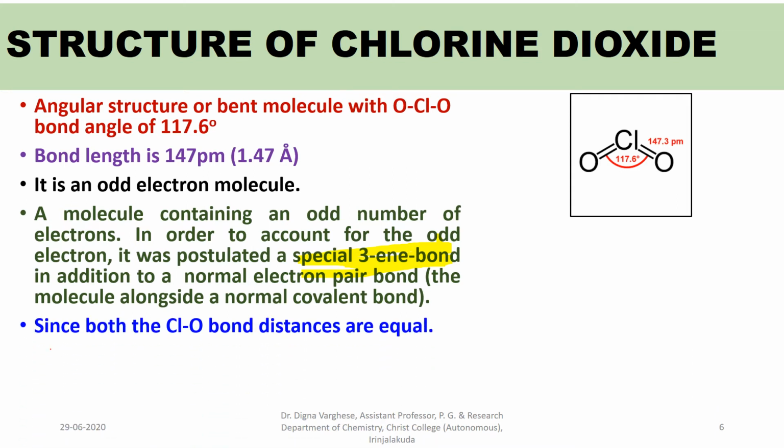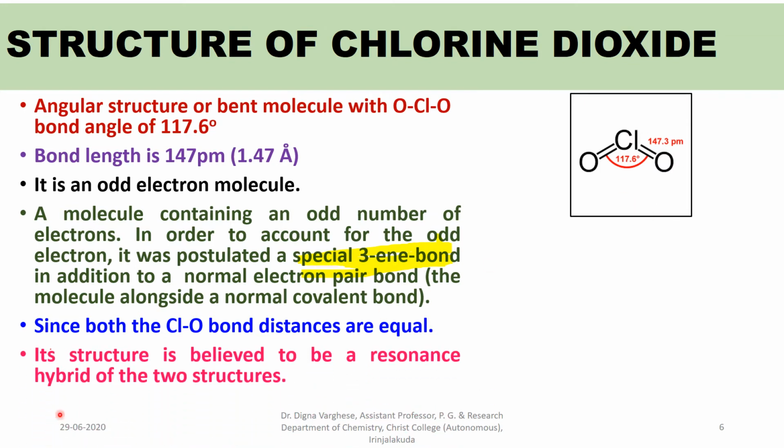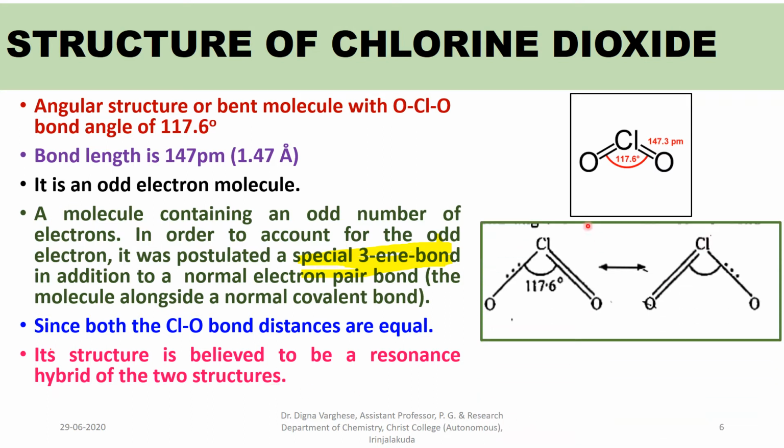Since both the chlorine-oxygen bond distances are equal, that is 147 picometer, its structure is believed to be a resonance hybrid of the two structures. That is, it can be like this, or at the next moment it appears like this.